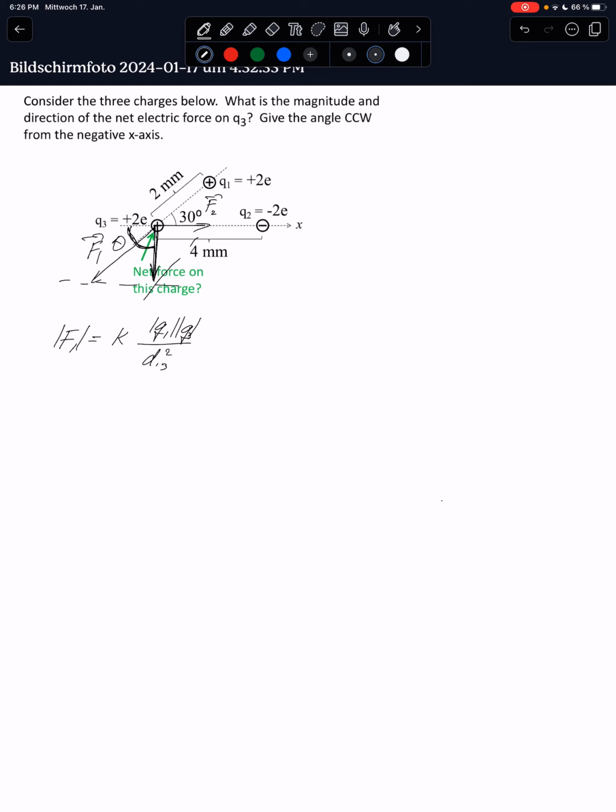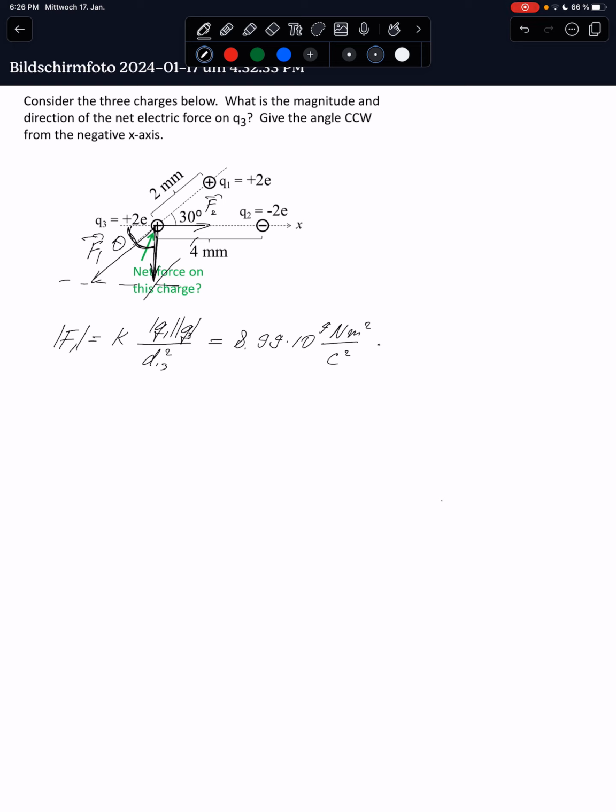Now let's substitute the numbers. We know what k is: 8.99 times 10 to the positive 9 Newton times meter squared divided by Coulomb squared. Now we have the product of the charges, each charge expressed through e, the elementary charge.